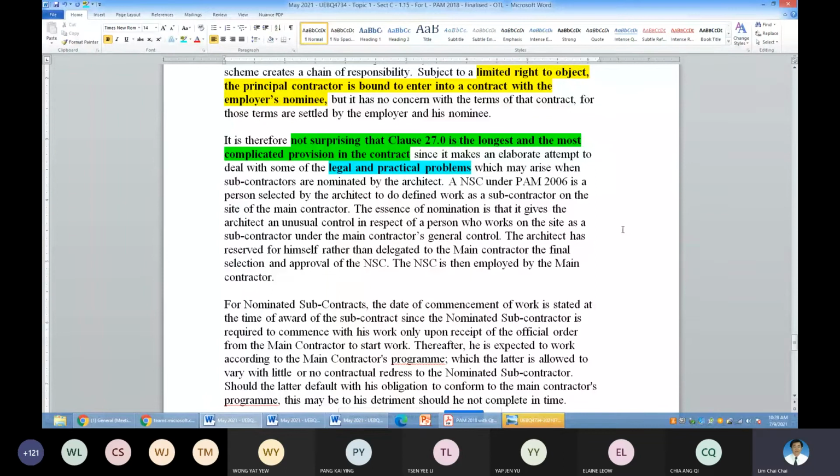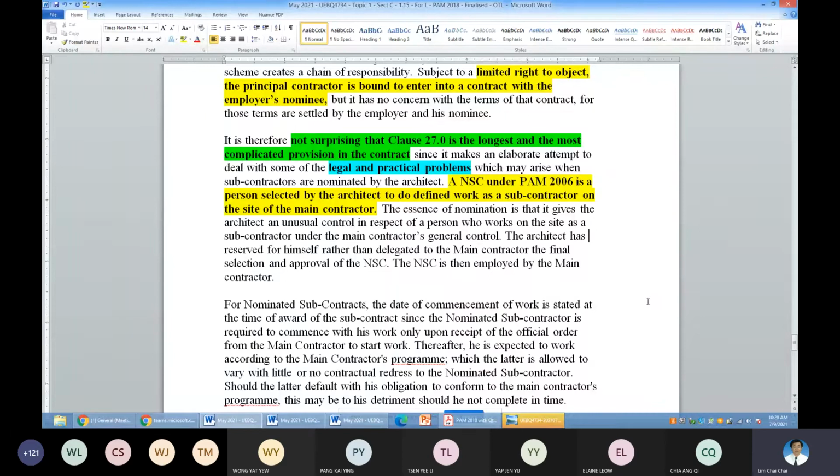So the NSC is pre-selected by the architect or the employer to do the work, and forced to have a direct contract between the NSC and the main contractor.